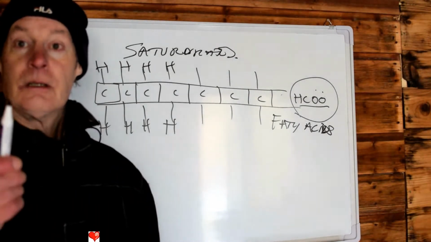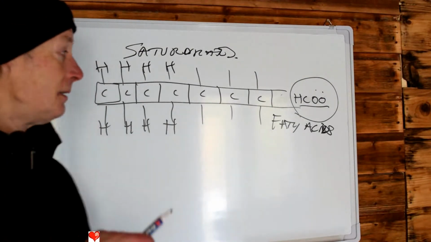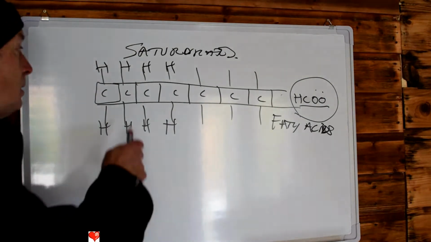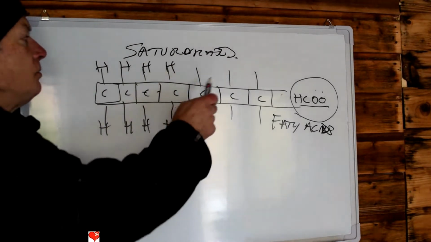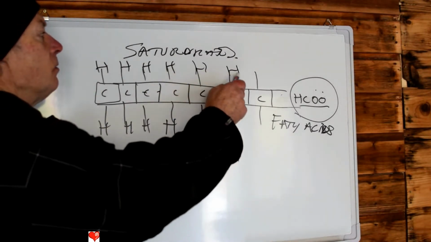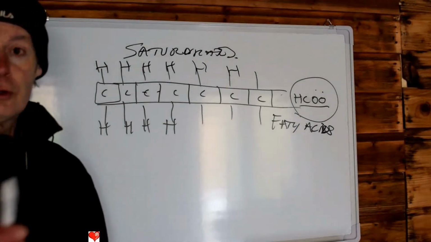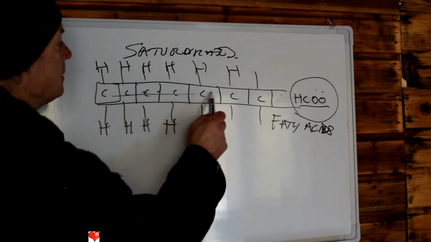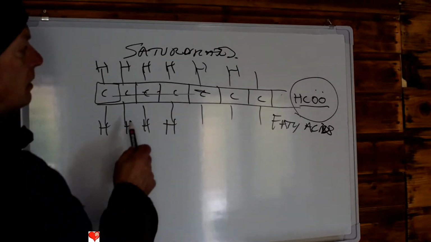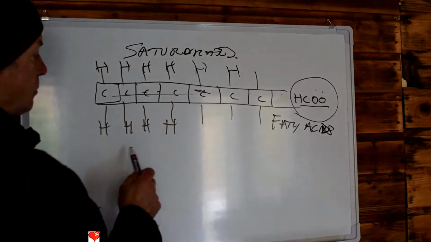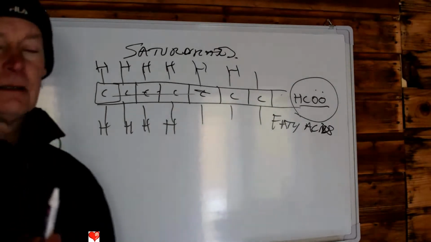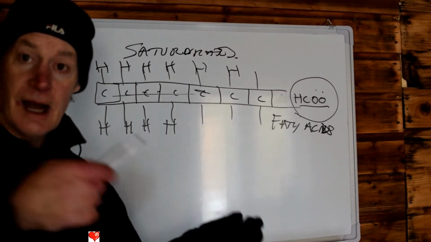Now, what's the difference, okay? Simple. Carbons in the middle, hydrogens either side, all the way along. It can be a short chain, or it can be a medium chain, hence the term short chain fatty acid.